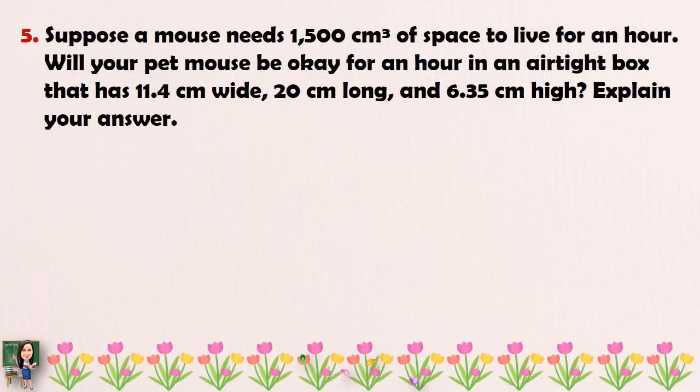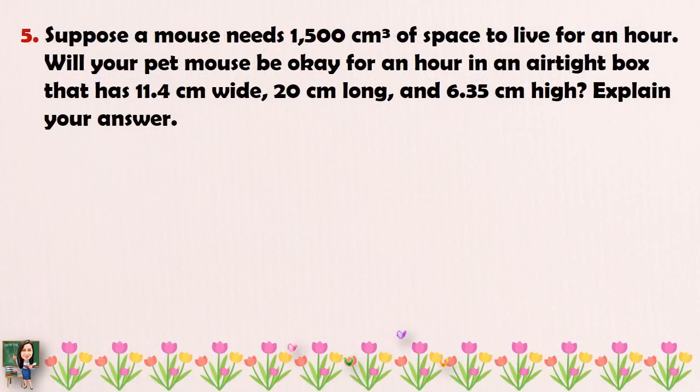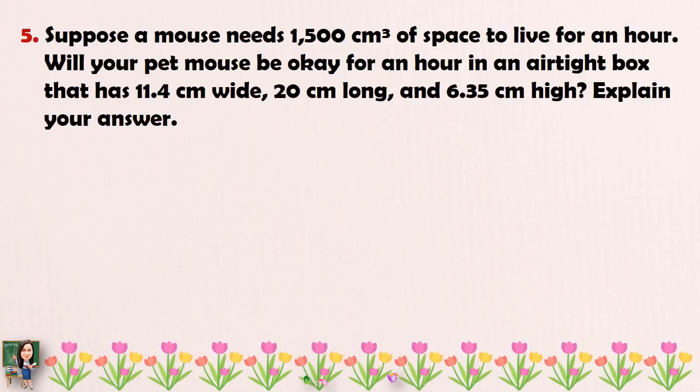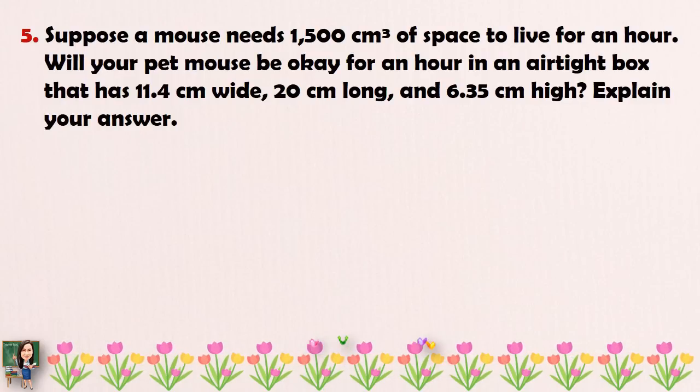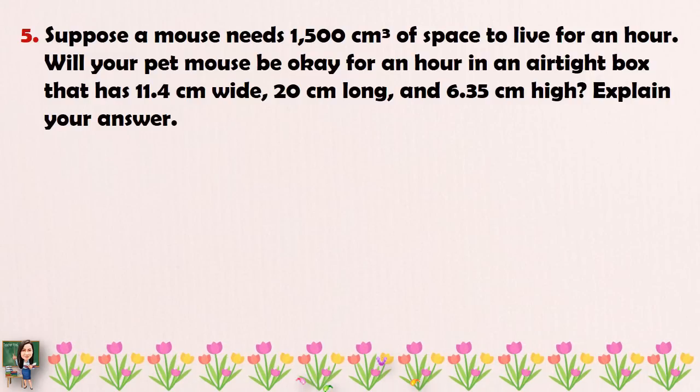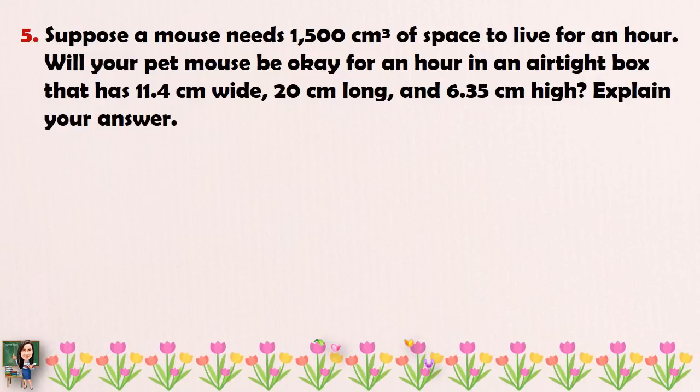And for number 5, suppose a mouse needs 1,500 cubic centimeters of space to live for an hour. Will your pet mouse be okay for an hour in an airtight box that is 11.4 cm wide, 20 cm long, and 6.35 cm high? Explain your answer.